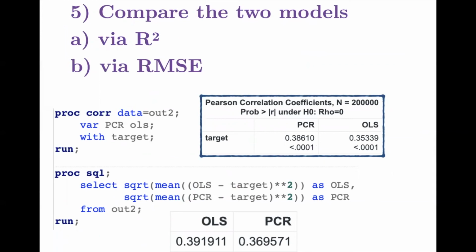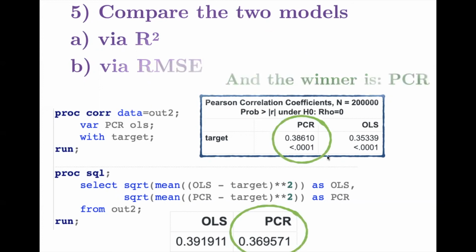You can do that using R squared. I use proc corr to just compute Pearson's correlation of each of my predicted values with the target. Now, this is just R. I would have to square it to get R squared, but I can see that the correlation is bigger for PCR, which means that PCR will win here.